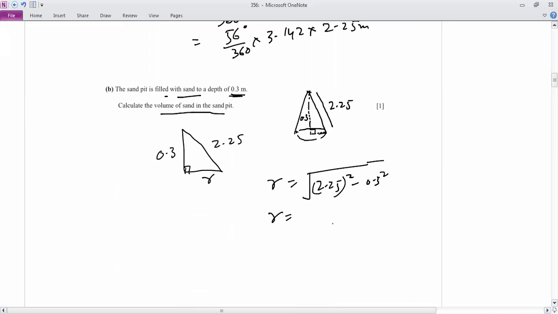This will be the radius. 2.19? 2.25 squared minus 0.3 squared gives 2.229, so in 2.23 you can say.